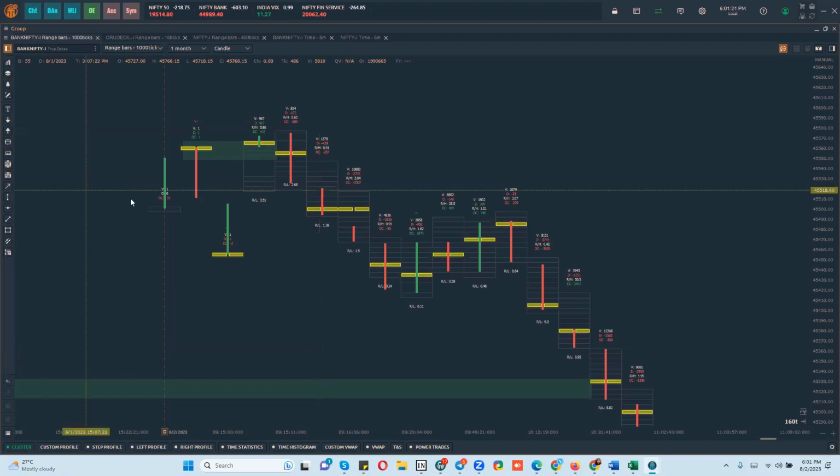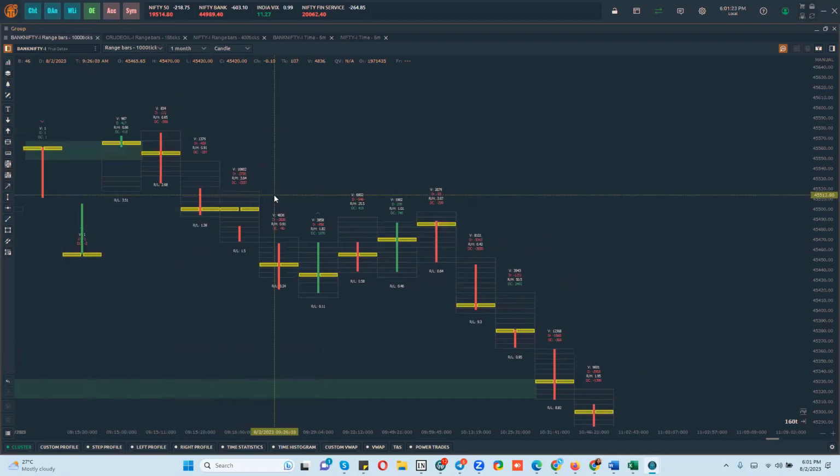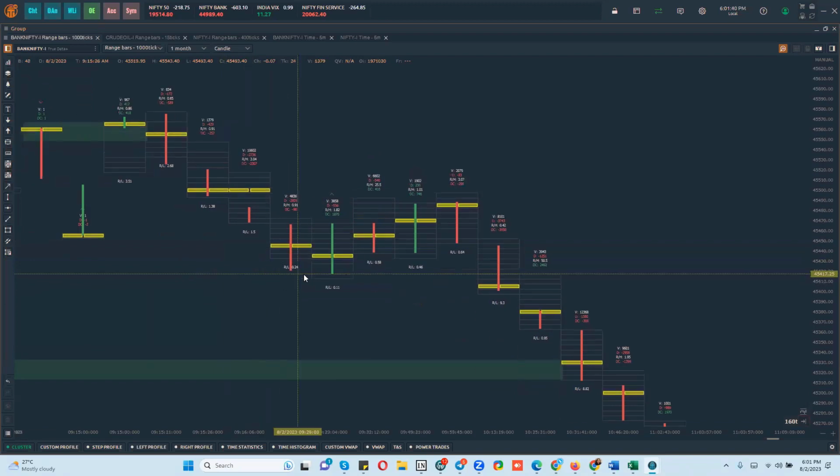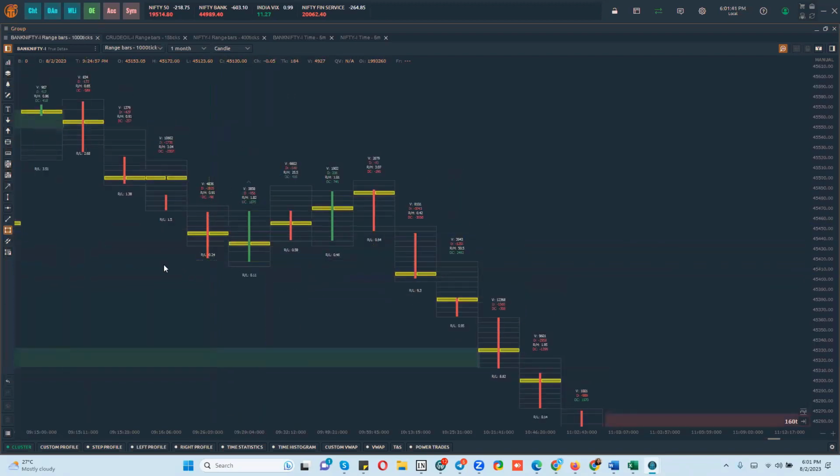Now if you look at this particular candle, because it's a green candle, I will look at the RL value, which is 0.11. What does this mean? That means at this level, there are large limit orders.